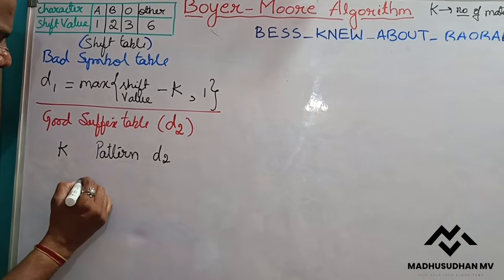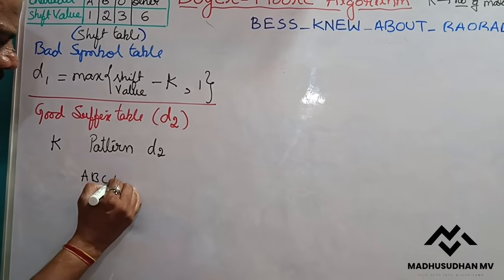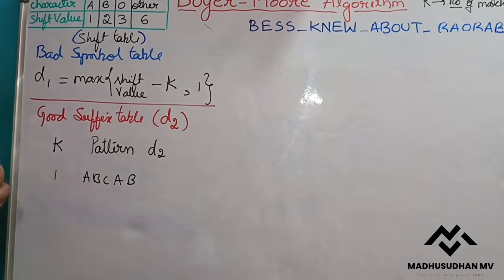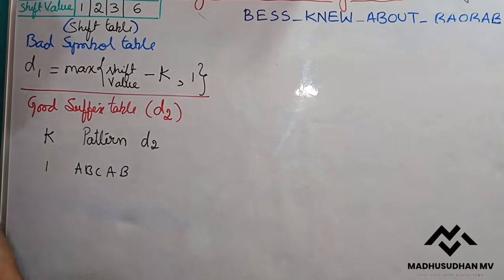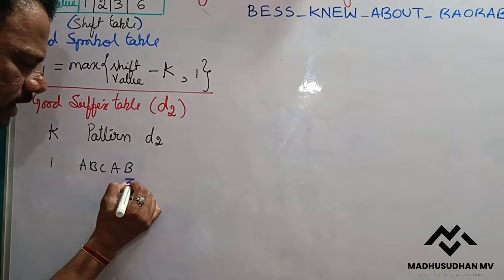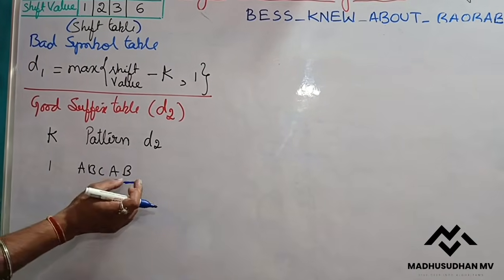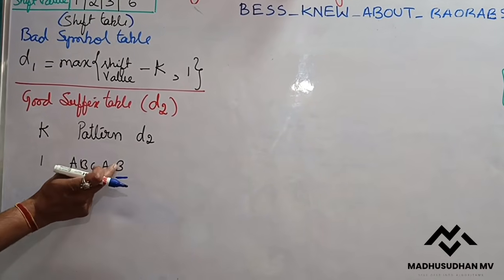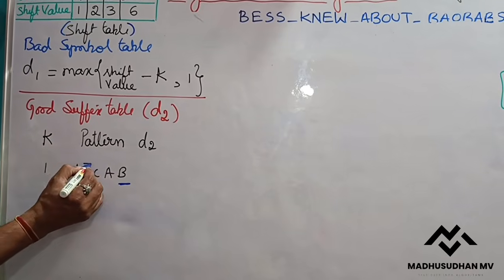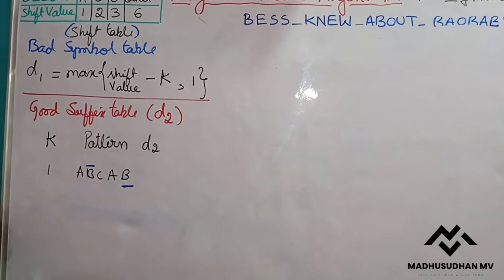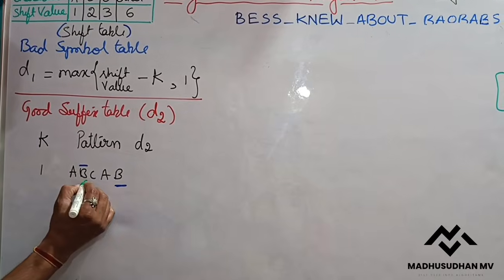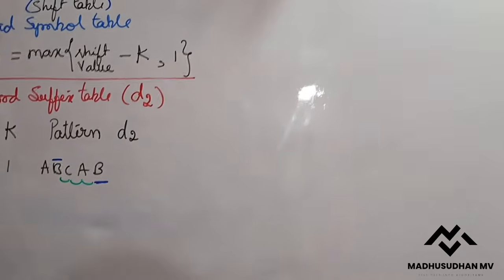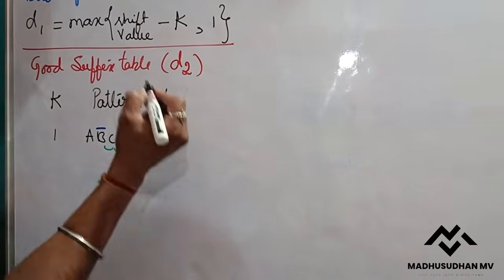The pattern is A, B, C, A, B. If only 1 character has been matched, that means the last character has been matched, since we start from the last character. Now you check whether that character is present in the remaining characters. Yes, it is present here. Now you check the distance: 1, 2, 3. So distance d2 is 3.